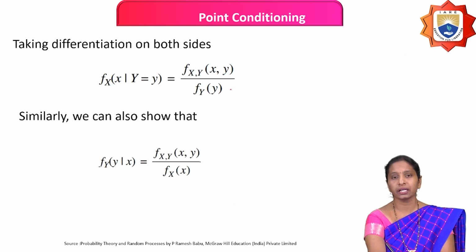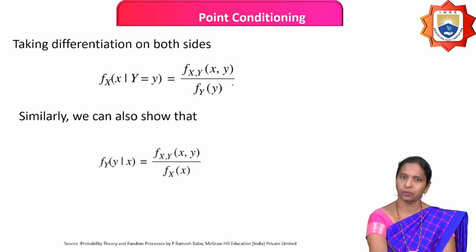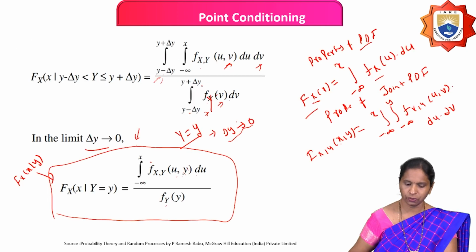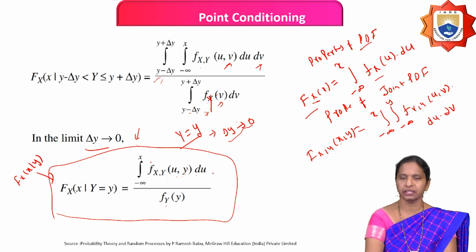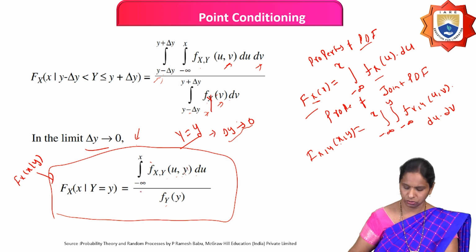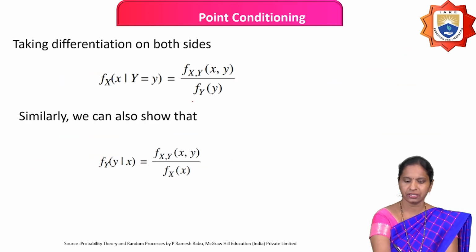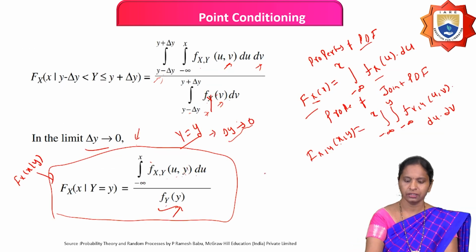Now, if you want the conditional density function in the case of point conditioning, what do you have to do? If you know the conditional distribution function, how can you obtain the conditional density function? By differentiating. Therefore, you just differentiate this equation, and there you can get the density function. What is the denominator here? fy of y, which is taking a single value, so the denominator is constant here, and we differentiate the numerator.